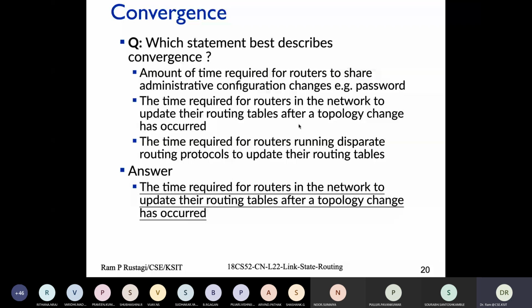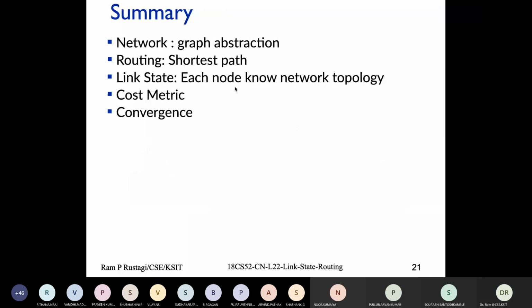So these are basic terms. These two questions are from the textbook. You can look at and go through that. And then, a summary. We looked at link state, meaning each router in the network knows the topology. They advertise using broadcast messages. A router advertises only if it has not advertised earlier.